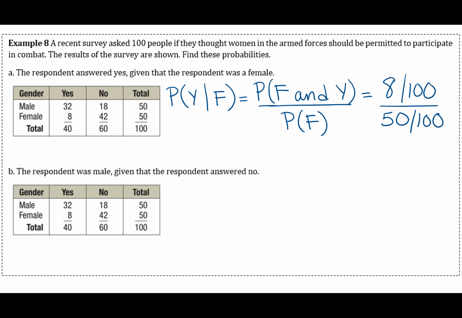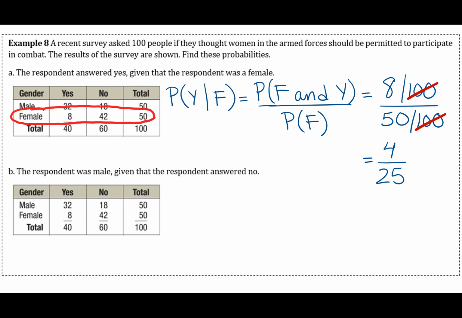The probability that they're female is the total for the female row, which is 50 out of the 100 total. It looks ugly because we have two fractions inside a larger fraction, but both denominators are the same, so they cancel each other out. So 8 divided by 50 reduces to 4 out of 25.